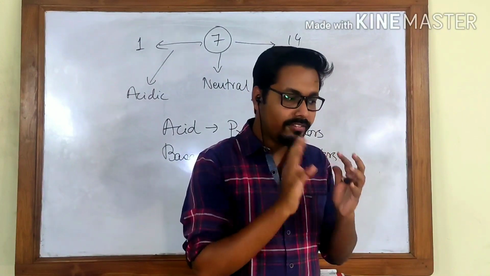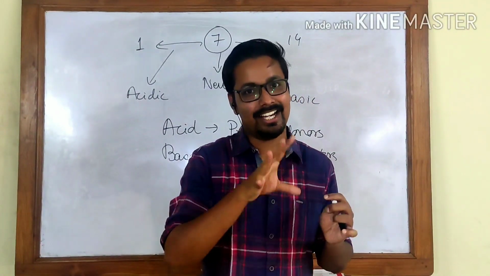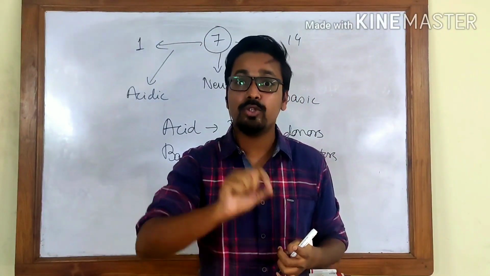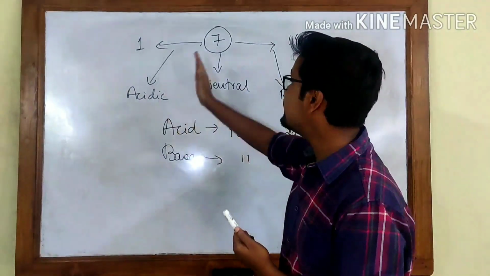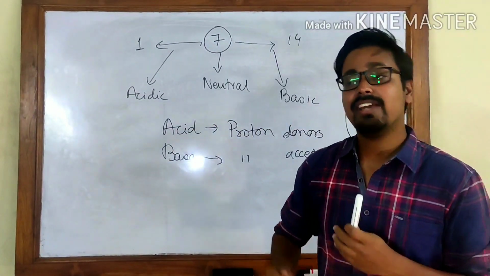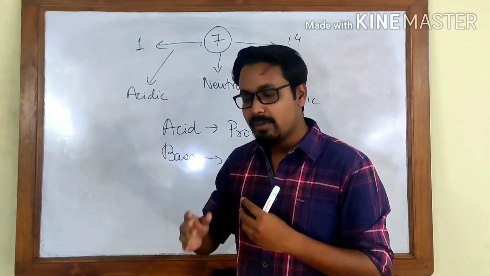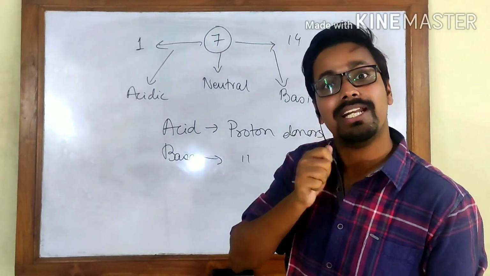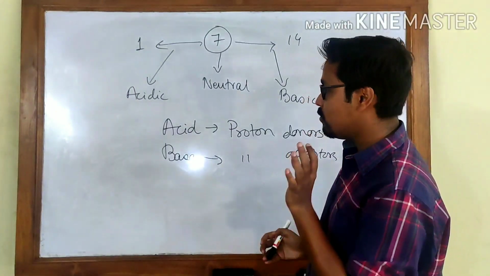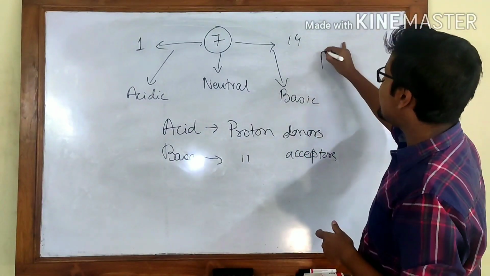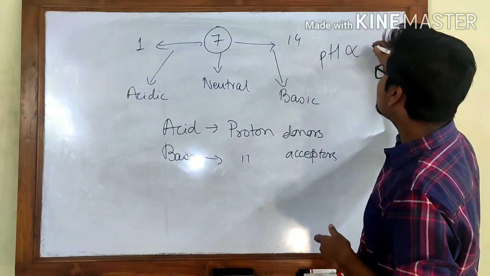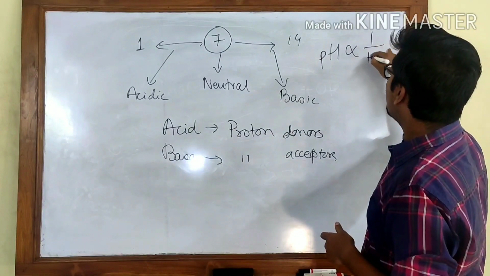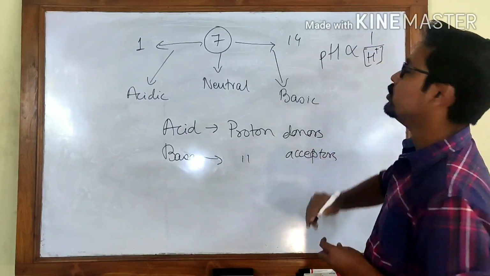If in a solution we see that the hydrogen ion is huge, its pH will be acidic, and acidic pH means less than 7. If the pH is more, that means it is basic. That means hydrogen ions will be less. A very important thing is pH is inversely proportional to the amount of hydrogen ions present in the solution.